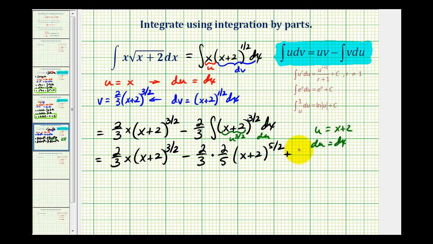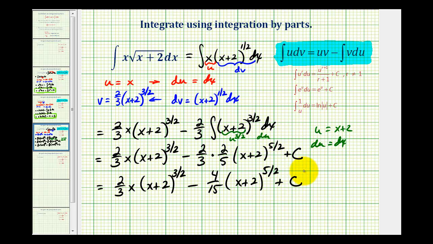And of course, plus c. Let's go ahead and clean this up. We have 2/3 x times the quantity x plus 2 to the 3/2, minus 4/15 times the quantity x plus 2 to the 5/2, plus c.